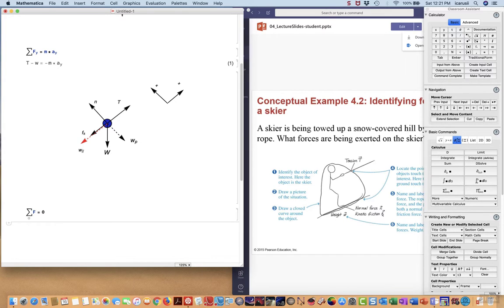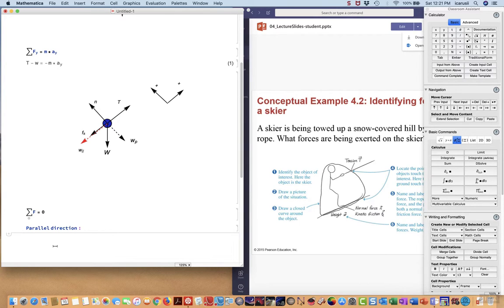So in the x direction, or I'll call the parallel direction, what forces are acting on the skier? The answer is I have the tension upward like this. I have the frictional force acting backwards. I have the weight parallel to the plane acting this way. So I can write an equation based on that.